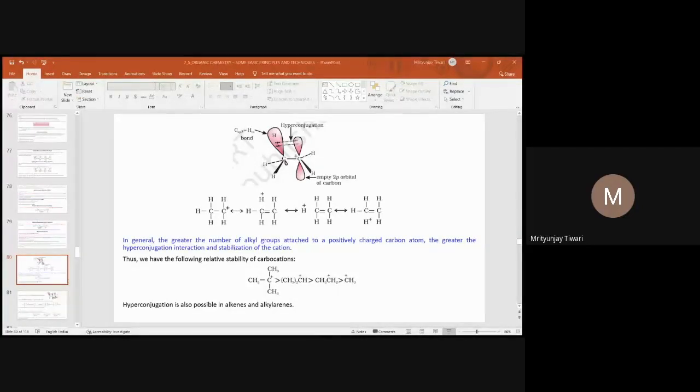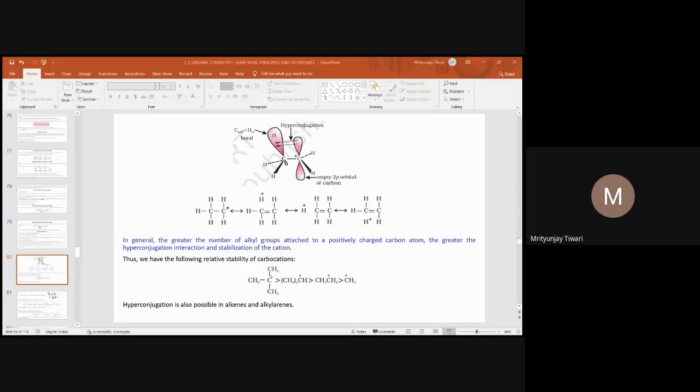If this CH bond gets aligned in the direction of the p orbital of this carbon atom, the bond will shift between them, and one may assume that there is a double bond between this carbon and this carbon atom, so this sigma bond shifts between these two. Once a double bond forms here, a negative charge will appear on this, a positive charge over here, and thus we also get more structures that appear for this molecule.